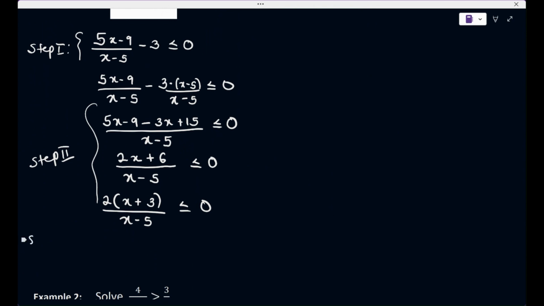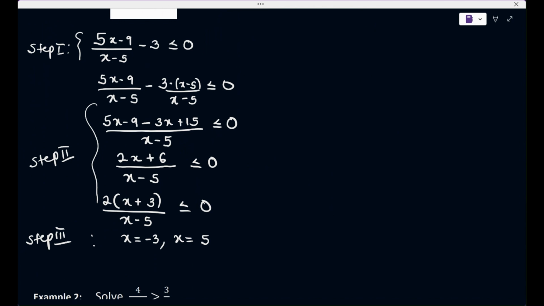Then now step 3, what do we do? We take the zeros of the numerator, which is x equals minus 3, and the zeros of the denominator, x equals 5.